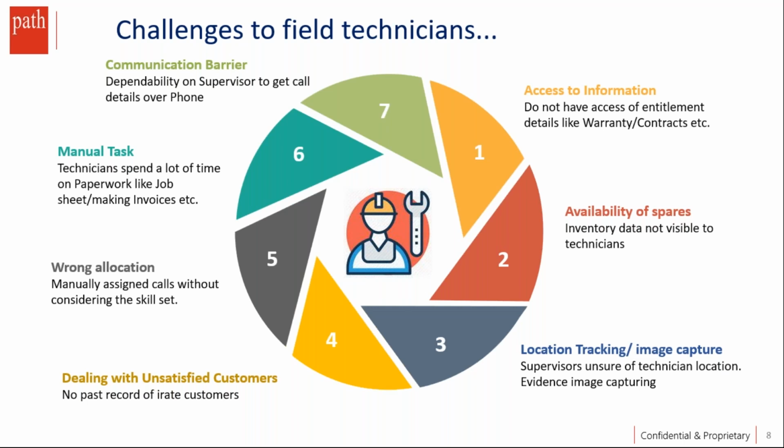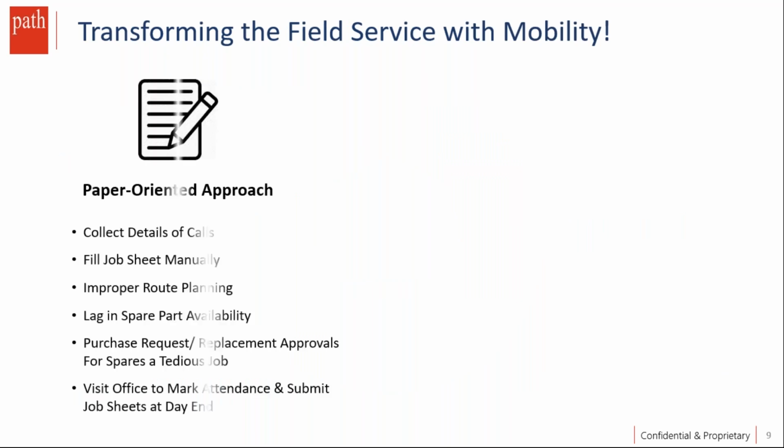So what I'm trying to say here is that the challenges of the technicians and of course the call aging are very concurrent. So let's understand how we can transform field service with mobility.